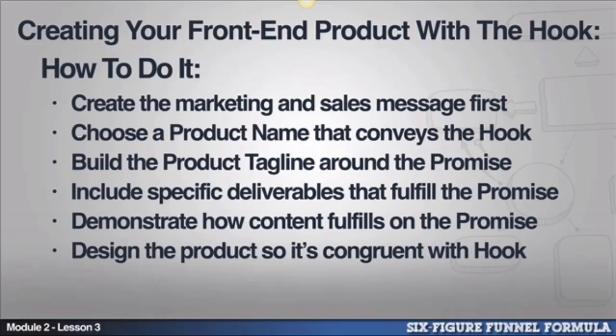You don't want to design a product that is supposed to be underground, but then looks like a common book. So there needs to be congruence with the look and feel of the product as it relates to the hook. And so just make sure that you're taking all of these factors into account when you are creating your actual front end product so that you're building it off of the hook.